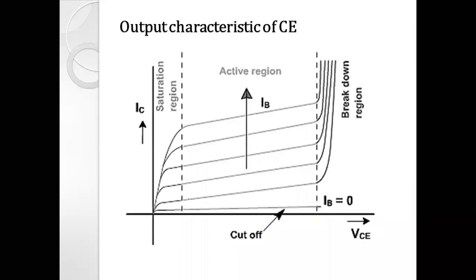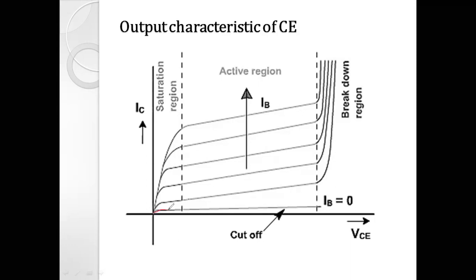Now, this is the output characteristic of common emitter configuration. It shows the relation between output voltage VCE and output current IC. For a specific value of IB, the curves are drawn.